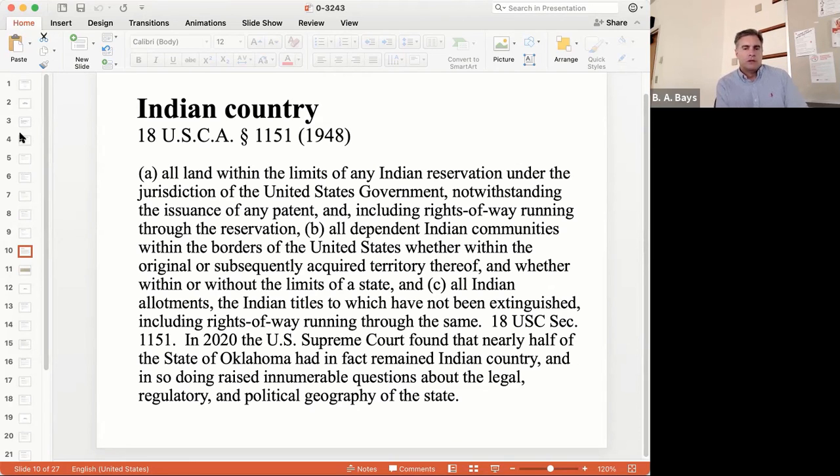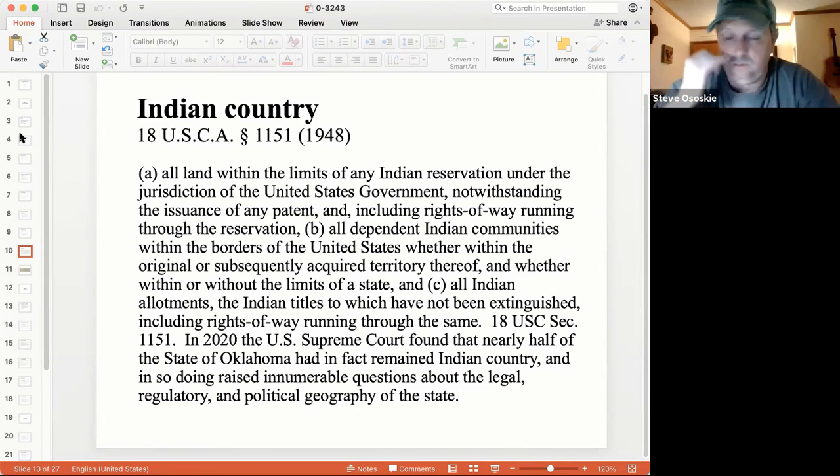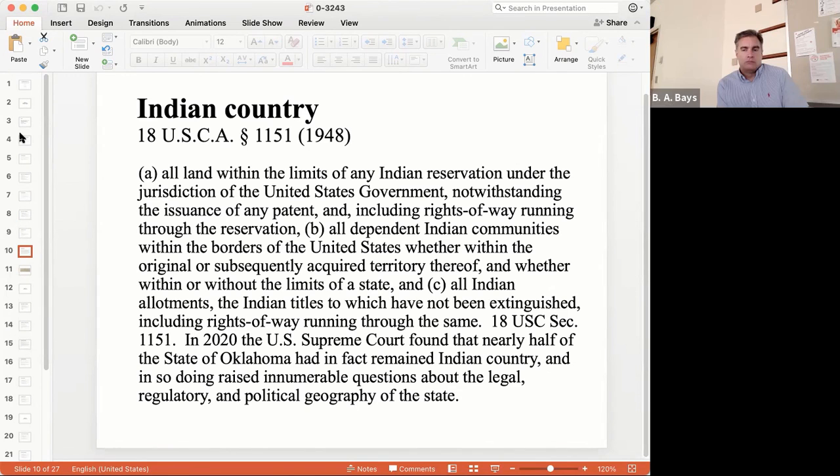However, it would have to petition the federal government to place that land into federal trust. When did that become possible? Technically, do you recall? Technically, it became possible when John Collier got the Indian Reorganization Act passed, or in the case of Oklahoma, the Oklahoma Indian Welfare Act, 1936.